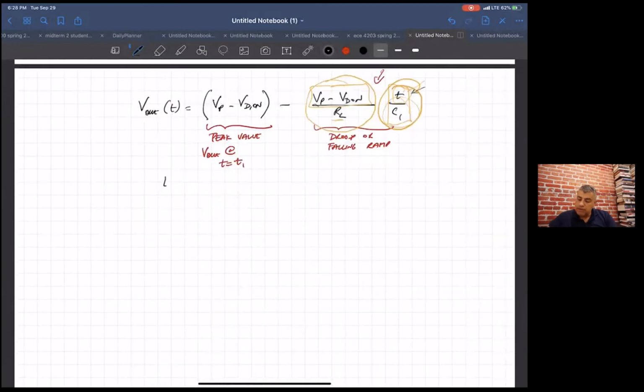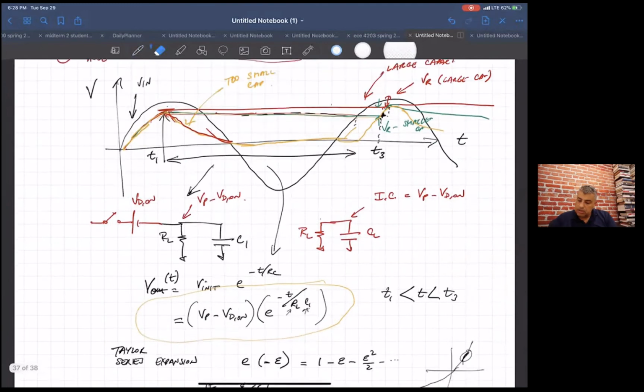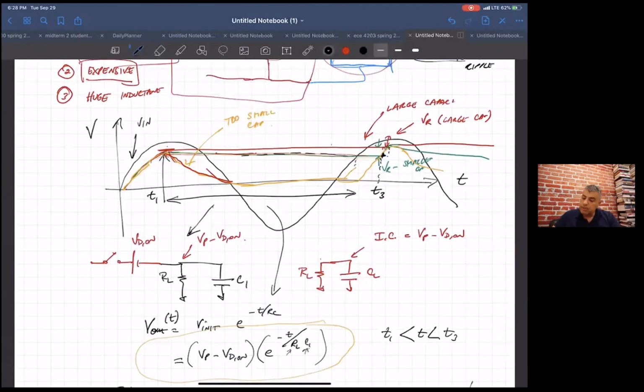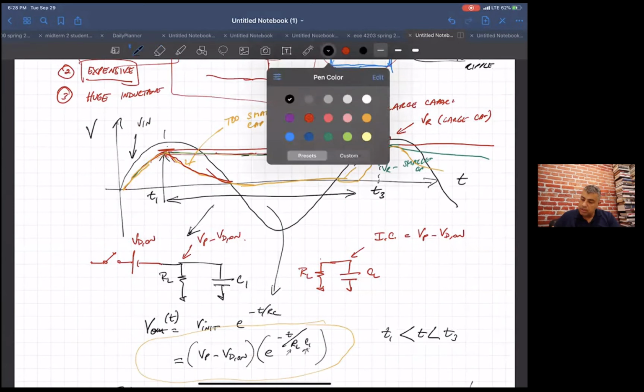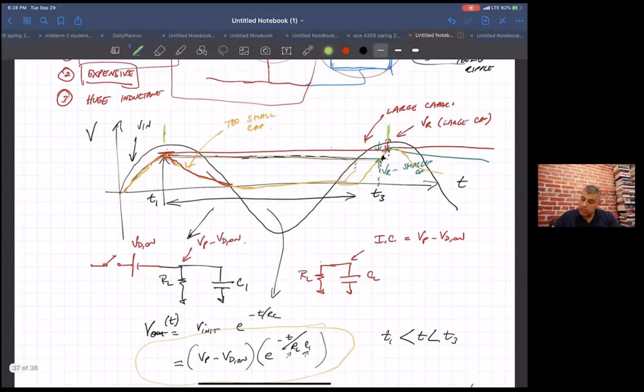If you look at the time, let's define one thing first: you have this period from this peak to this peak.